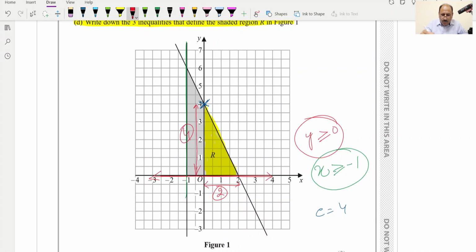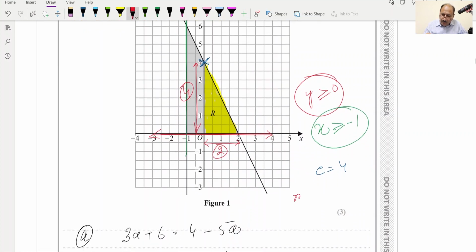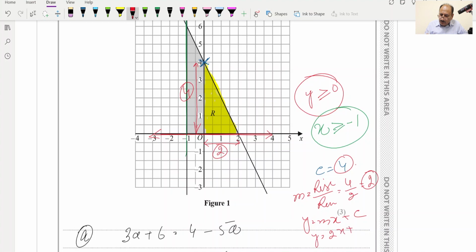So 4 is the rise, so we can write the m value will be equal to rise over run, which is 4 over 2, which is equal to 2. So the m value is 2, the c value is 4, so we can write the equation y is equal to mx plus c, and this is y is equal to 2x plus 4, and this will be the final equation.